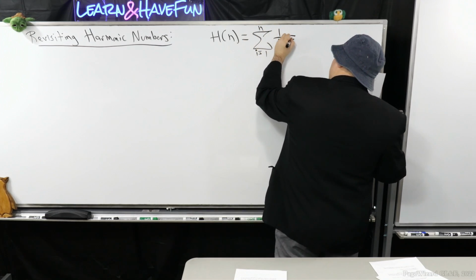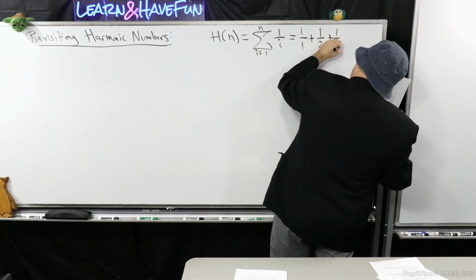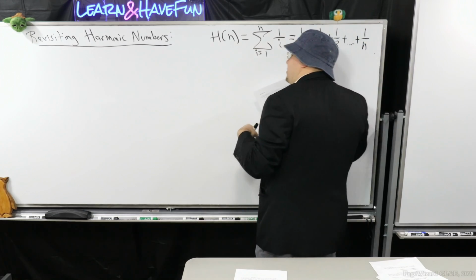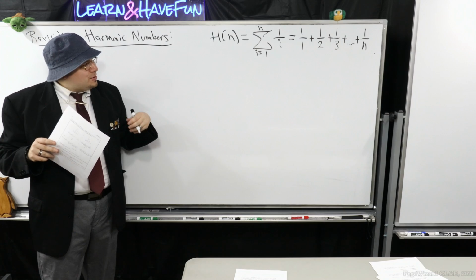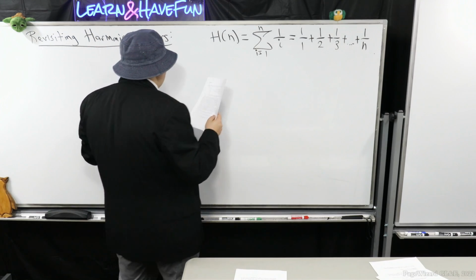This is just 1 over 1 plus 1/2 plus 1/3 plus all the way up to 1 over n. I'm going to show you that H of n is in fact big O of log n, specifically log base 2 of n.